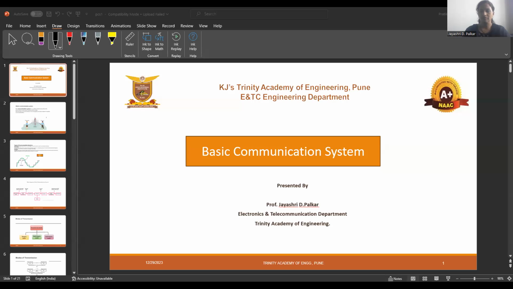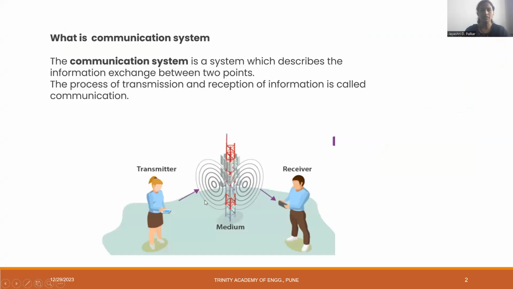Today I am going to explain what the basic communication system is and what the basic block diagram of a communication system is. Now, what is the communication system? Normally, a communication system is a system which describes the information exchange between two points, from the source to destination.